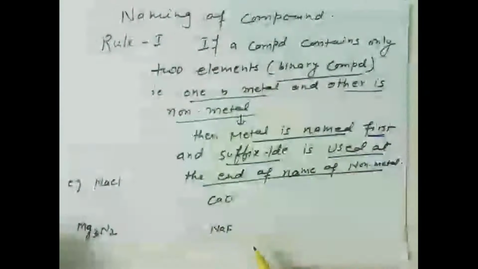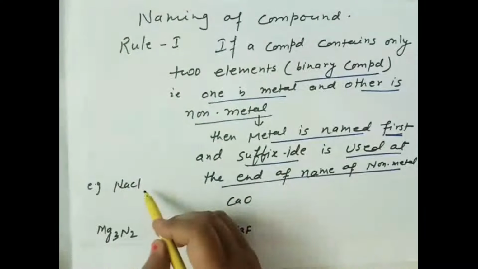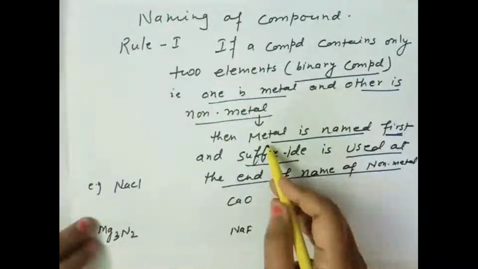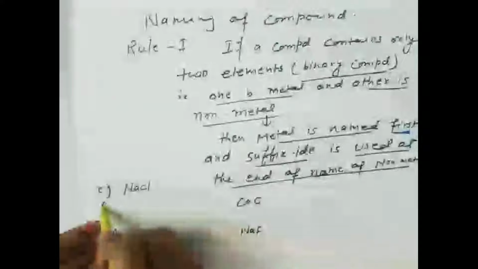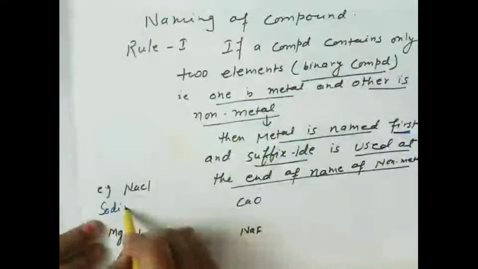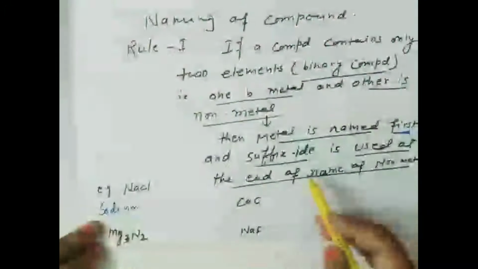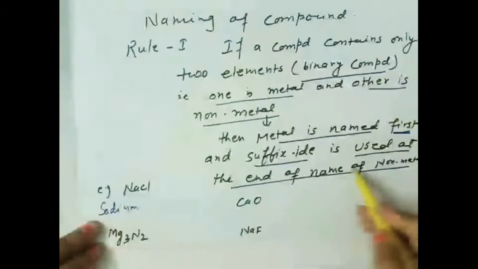As for example, the formula is given NaCl. So first we have to write the name of metal. So name of the metal is sodium. So we will write here sodium, and then we will name the other element, the non-metal.